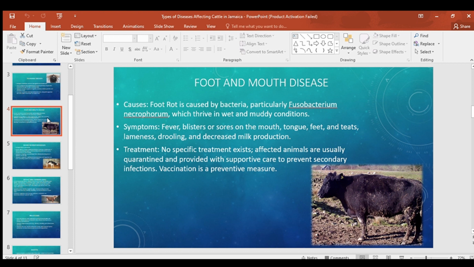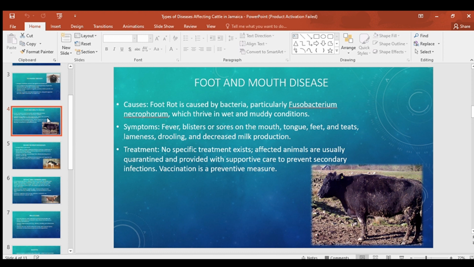Normally affected animals, either you quarantine them, or if it's too bad, you cull them, because this disease is very contagious. So normally if it's bad to the point where you're trying to control it and it's not getting better, then the best thing to do is to cull the animal just to prevent it from spreading.